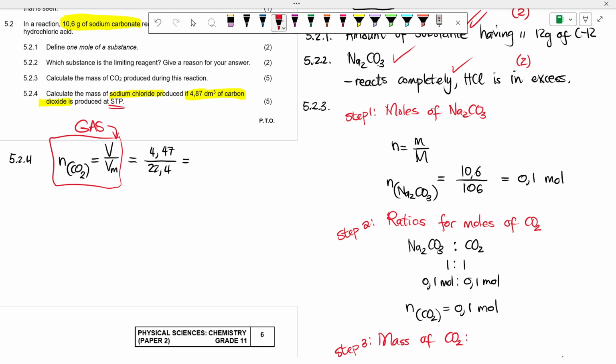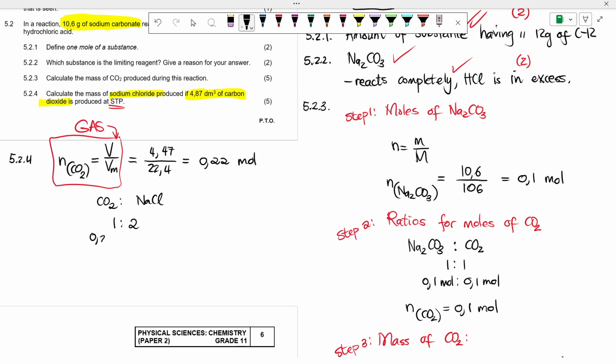Okay. What do we get when we divide? 0,22 mole. Cool. Then we just need to do the ratio quickly. So it's gonna be CO2 versus NaCl. Now remember, we have two NaCl's.